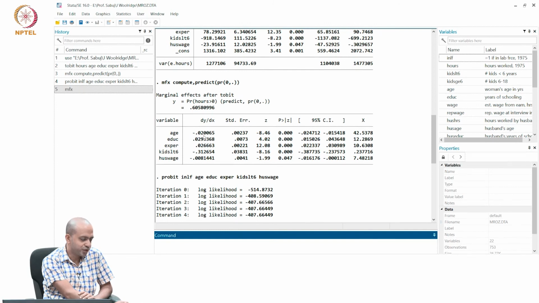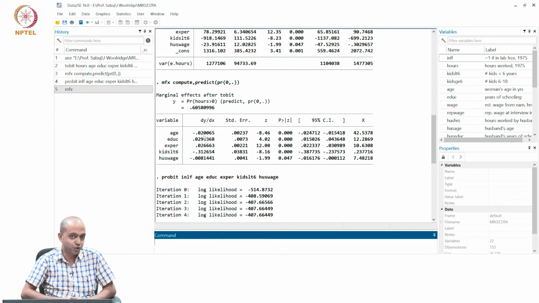Minus 0.02. Okay. That means what we discussed is right, that Tobit is basically Tobin's Probit. The marginal effect from the Probit model is exactly matching the marginal effect that we got from the Tobit model as well. That is the beauty.